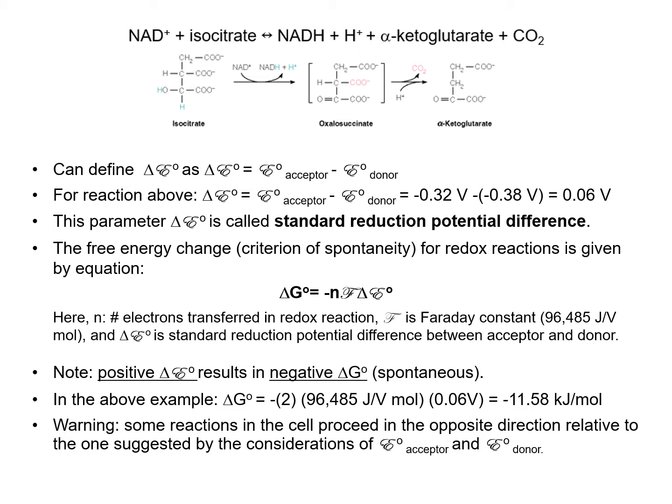But there's a warning: some reactions in the cell proceed in the opposite direction relative to the one suggested by delta E naught of the acceptor and the donor, because of concentration differences. As we've discussed, if a lot of the products are removed by the next reactions, it will change that ratio, the K eq value, so the reaction will happen in the opposite direction than you would predict with just the E naught values.